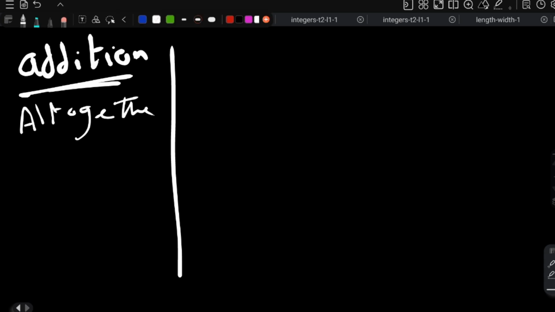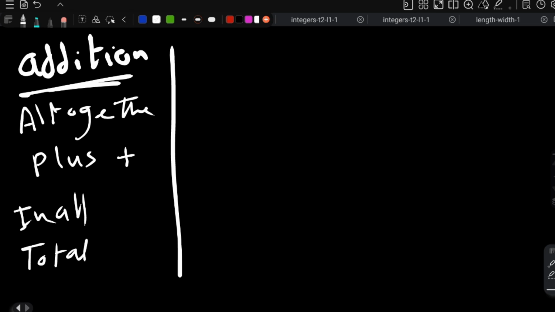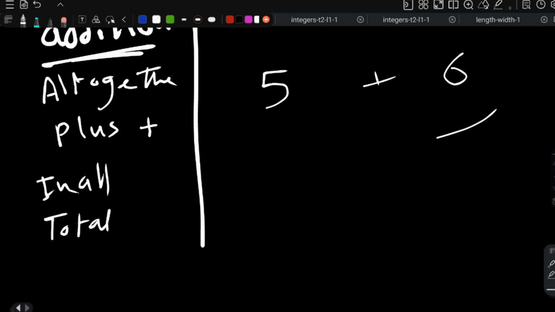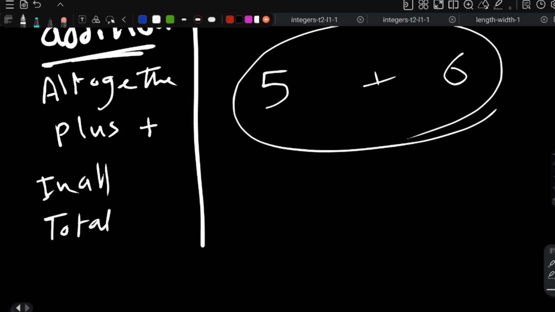Okay, the word plus means this sign, plus. And in all has the same meaning as total. If I asked you about the total number you have, I have 5, you have 6. How many toys in all do we have? So 5 plus 6.